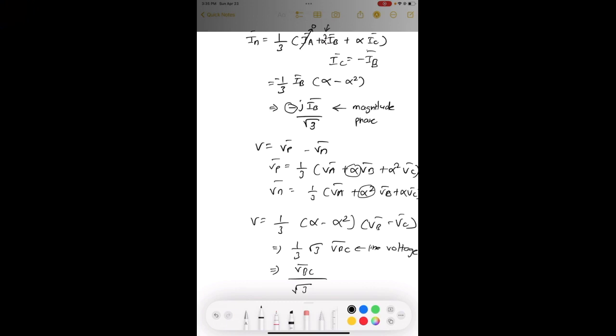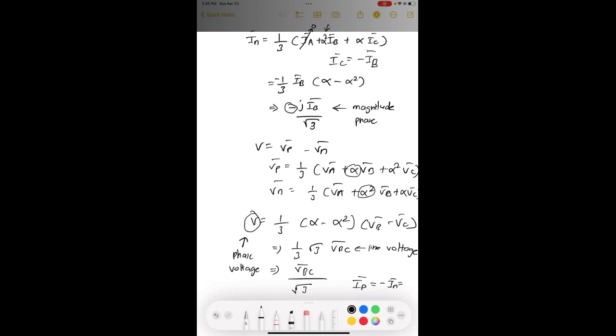Now this is the phase voltage that will be applied to the connection, so we can obtain IP bar equals negative IN bar, because they are equal in magnitude but opposite in phase.